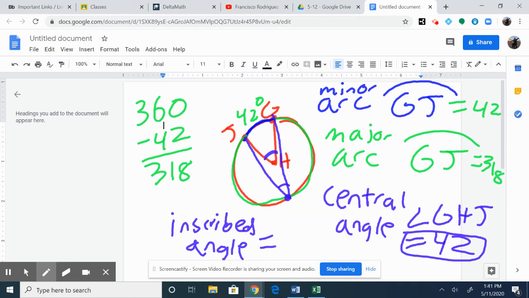And we would name that angle G, I'm going to put K, so G, K, and J. Now the inscribed angle is going to be half of whatever the arc is. So since the arc is 42, we would take half of that, so our angle measures 21.